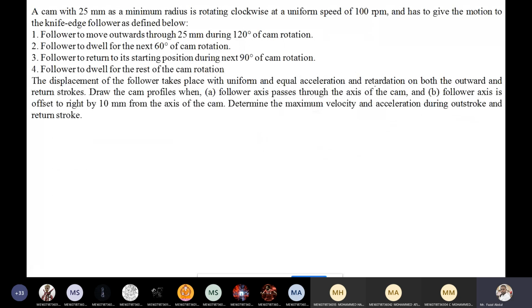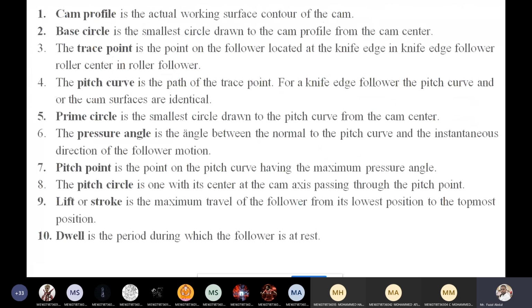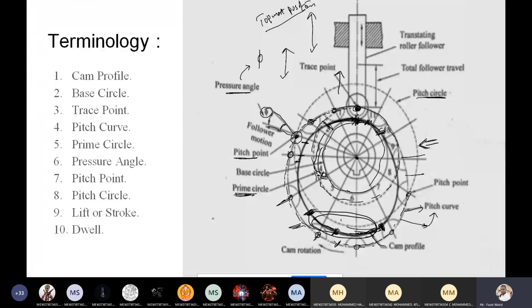Because of the continuous rotation, the follower again falls from the top to the bottom position, because the diameter of the cam changes here.